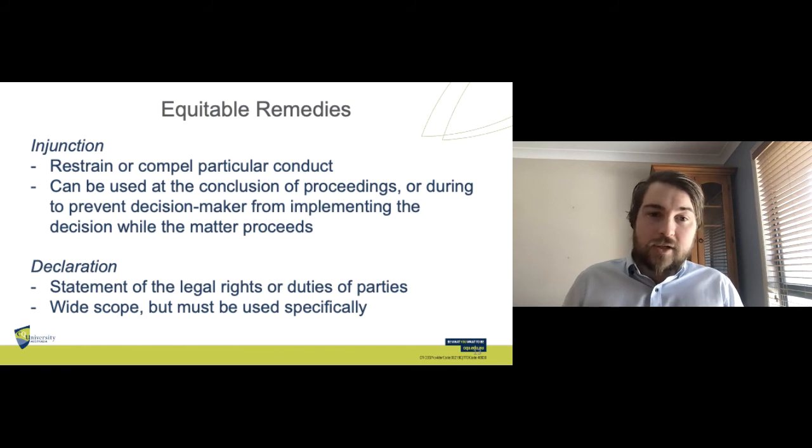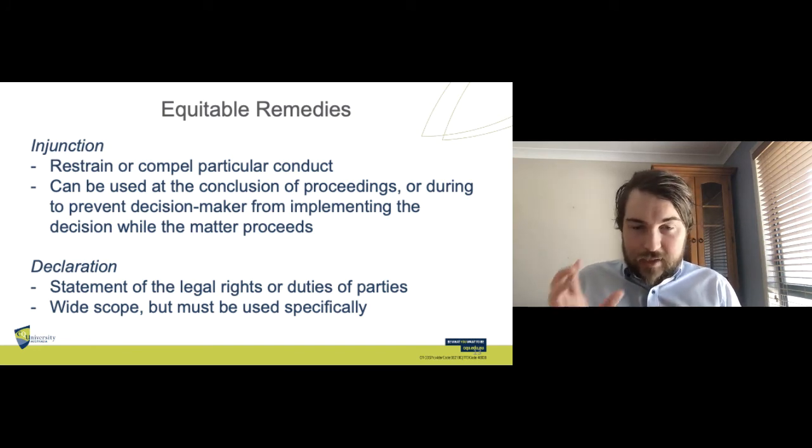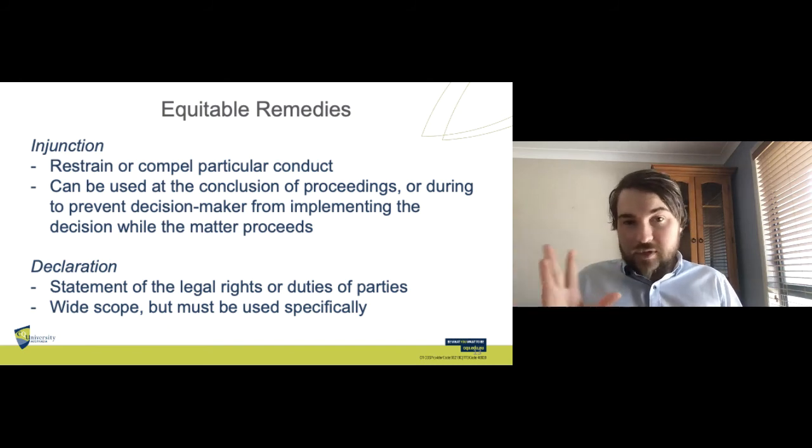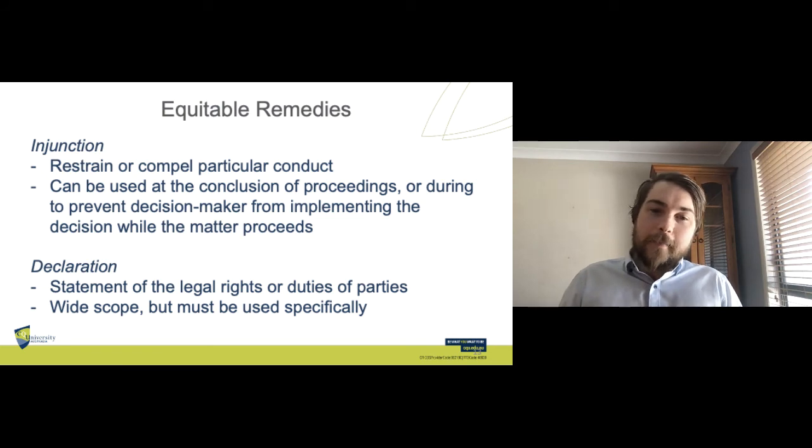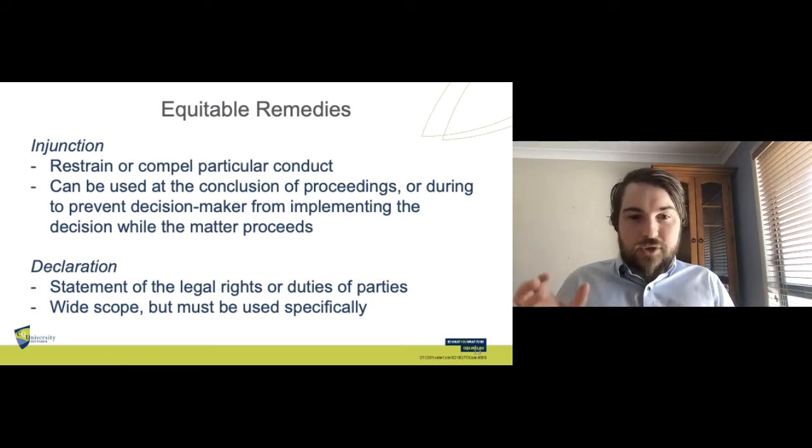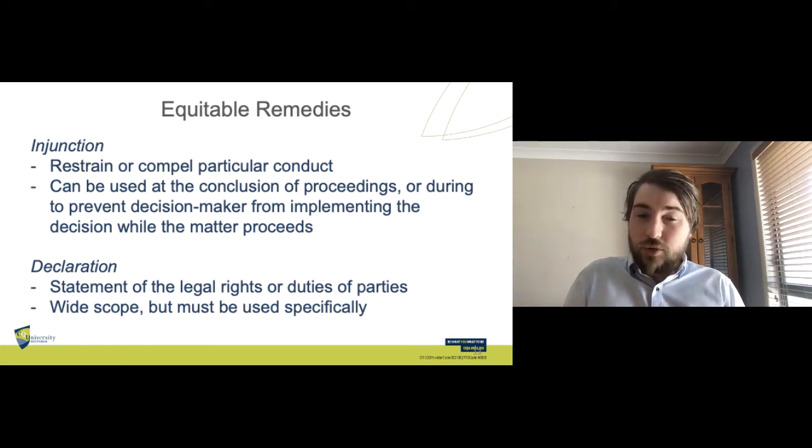Lastly, let's look at two remedies available in equity. The first is an injunction. You'll probably be sort of aware of these from other courses, but an injunction restrains or compels particular conduct. And because it's under equity, and the rules, of course, are a little bit different under equity, we can use it at the conclusion of proceedings, but we can also use it during proceedings to prevent the decision maker from implementing the decision while the matter proceeds.